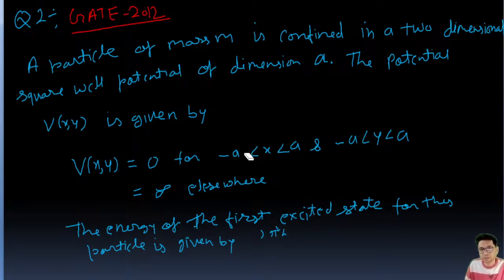Wait guys, system got hanged. Okay, options are: option A, pi square h cut square upon ma square.